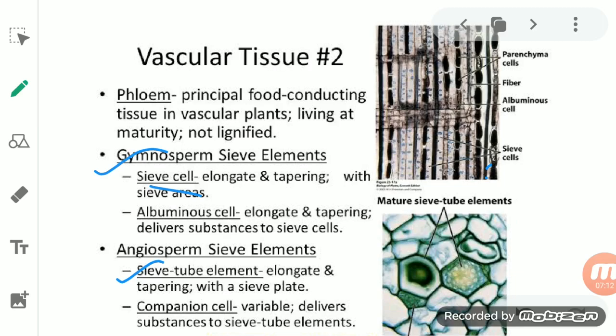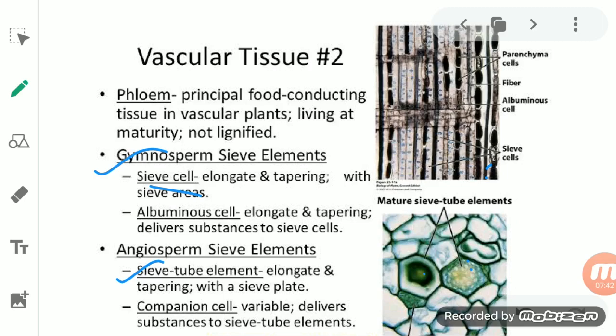In the case of sieve cells, the cell will be cubical, and the wall is perforated, as in the case of the sieve tubes also. You can see here sieve tube elements are here. But the difference between these two, students, don't get confused with the sieve tube and sieve cell. Almost the function of both of them is the same, but there is a little difference in the structure.